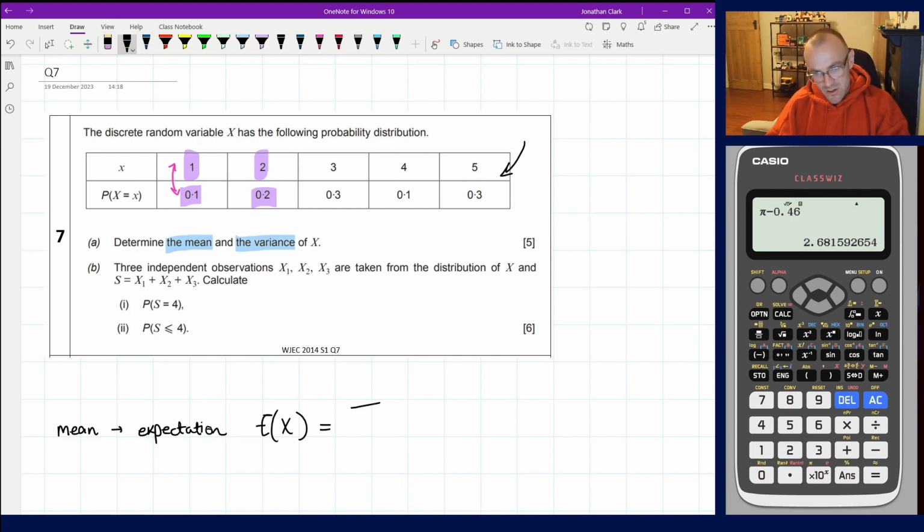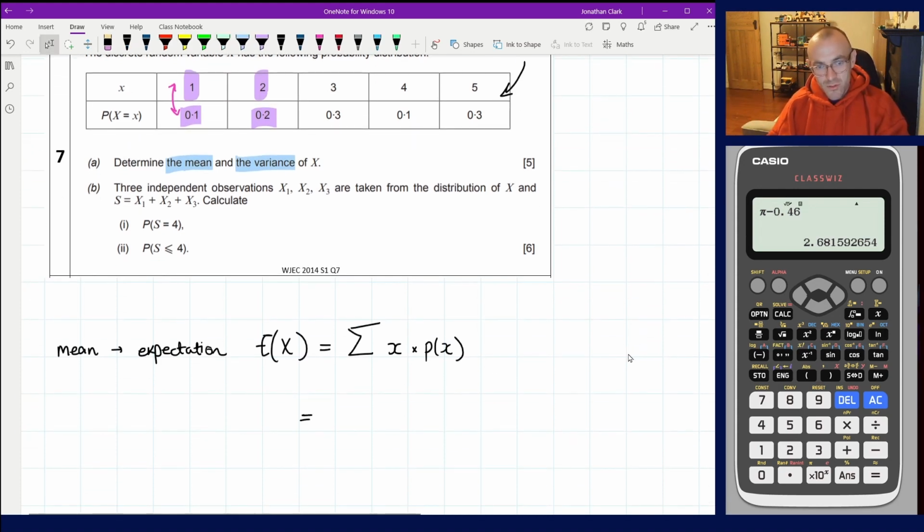So we can express it with this formula. It's the sum of the x values multiplied by their probabilities. We add them all together and we see what we get. This is going to work out as 1 times 0.1, 2 times 0.2, 3 times 0.3, 4 times 0.1, and 5 times 0.3.